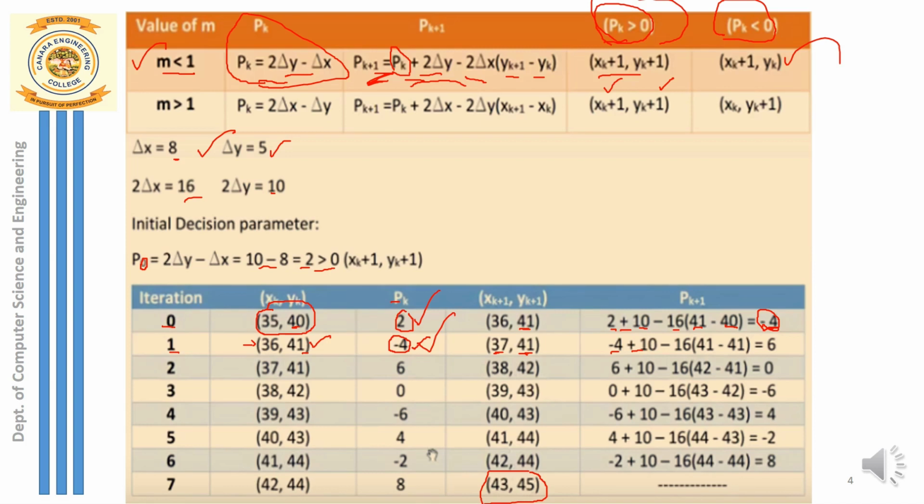And what is inside the bracket? yk plus 1 minus yk. What is our yk plus 1? That is the y coordinate we have just calculated, which is 41. And yk is the previous y coordinate, which is also 41. So 41 minus 41, how much is that? It is 0. So you just calculate the first part: minus 4 plus 10. How much is that? 6. So that is our next decision parameter, and you can write it over here directly as 6.